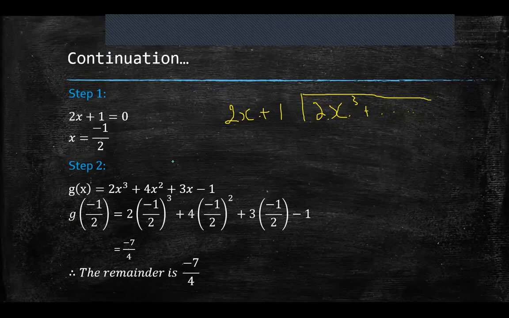That's the purpose of this remainder theorem. According to the theorem, if I just put this divisor equal to 0 and get a value for x, I could substitute that value of x into my polynomial expression to get the remainder. That's a shorter method instead of doing that whole long division thing, to get the remainder minus 7/4.